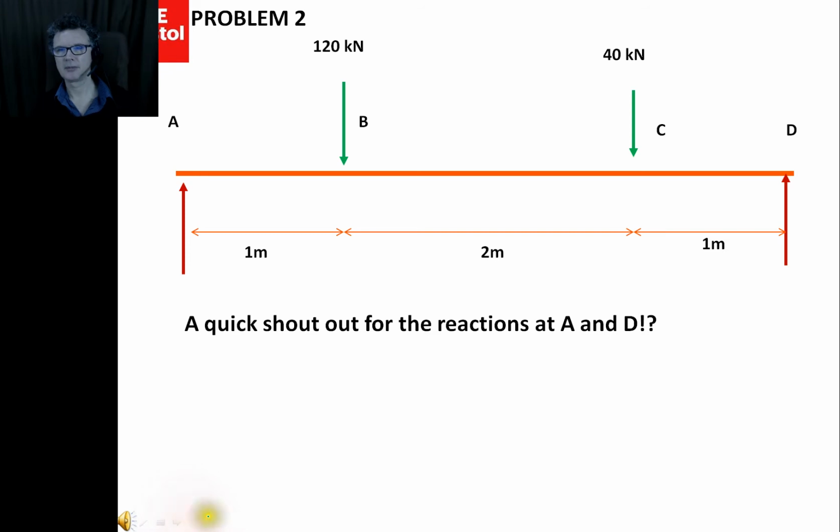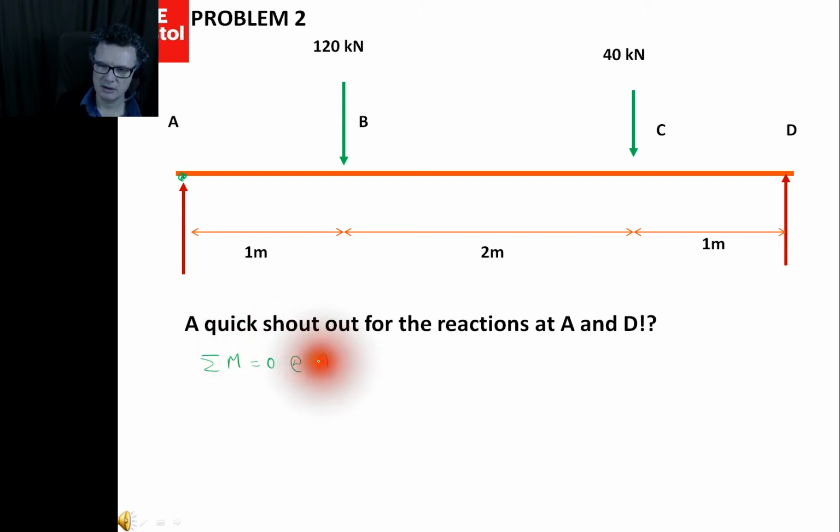Right. So I'm going to look at this problem here. Let's have a quick little bit of revision. Can I work out the reactions? How will I do that? Well, take that to be my pivot. I'm going to sum up my moments at A. Go around clockwise.